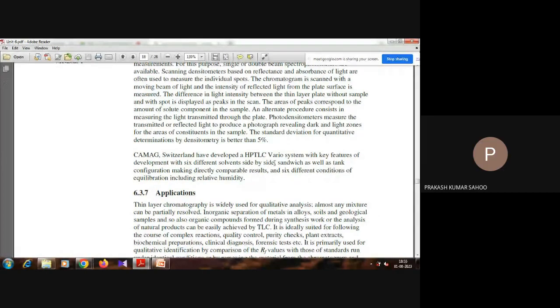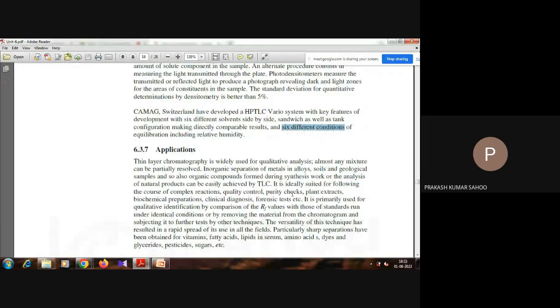This is so advanced that 6 solvents can be used one by one, in sandwich as well as tank configuration, making directly comparable results, and 6 different conditions of equilibration including relative humidity can also be applied. CAMAG Switzerland developed the HPTLC Vario system.